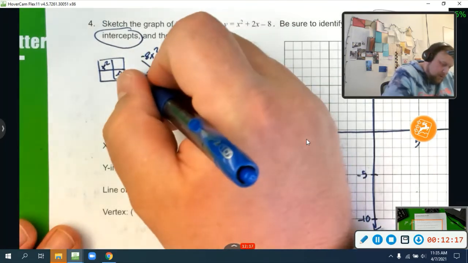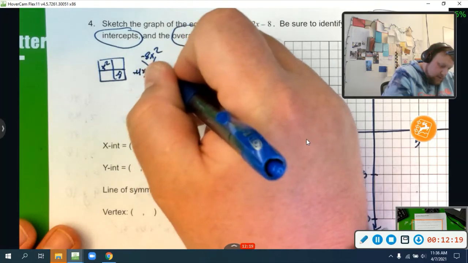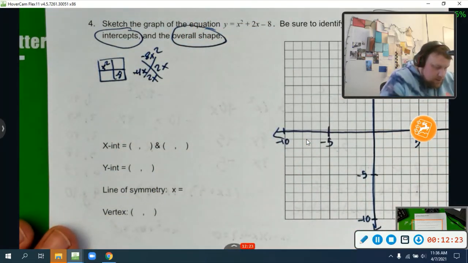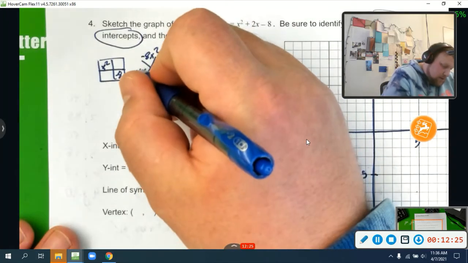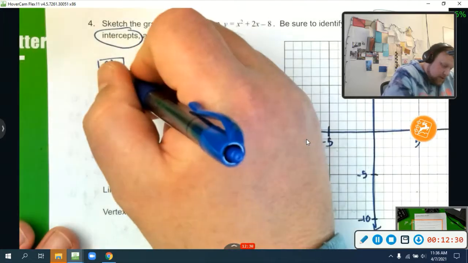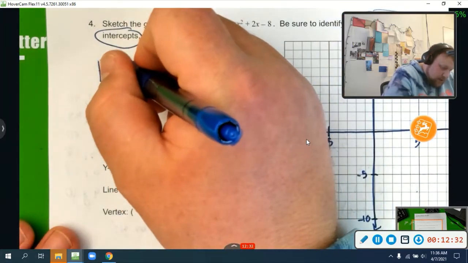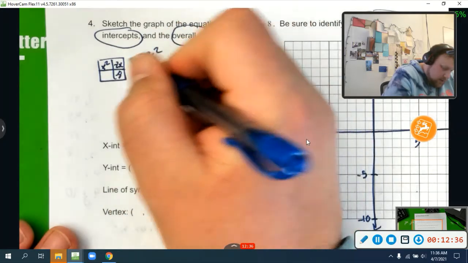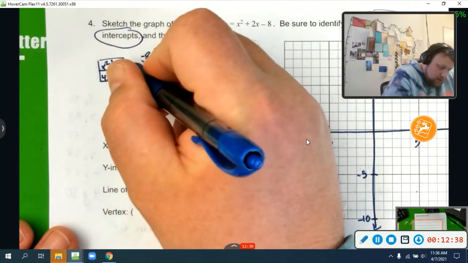Well, what am I going to do? It's going to be negative 4x times 2x, because those will add to be, wait, is it a positive 2x? My bad. Positive 4x and negative 2x. That way it's positive down below. So, negative 2x here, and 4x down here.